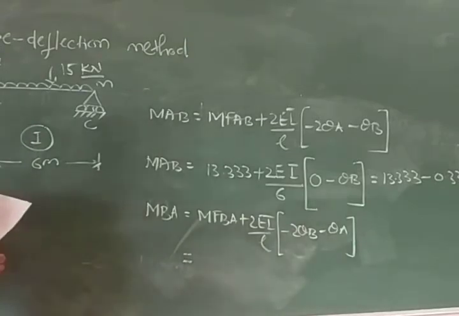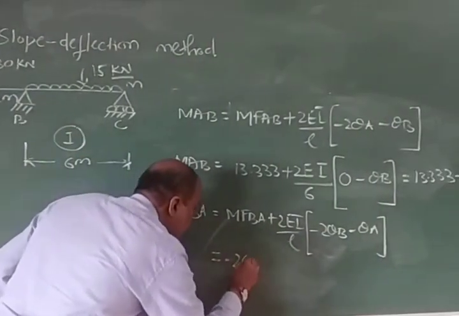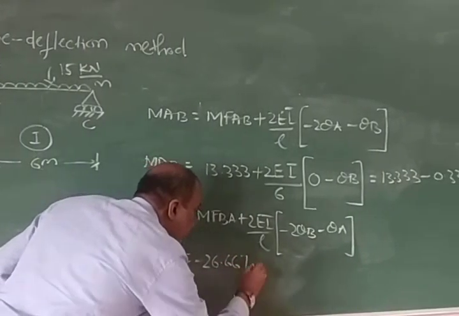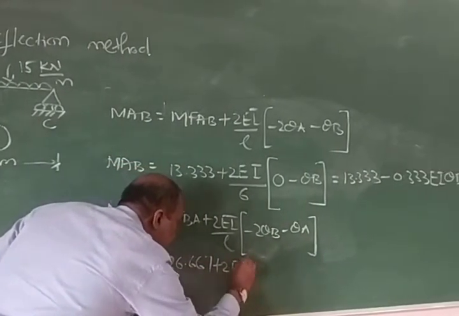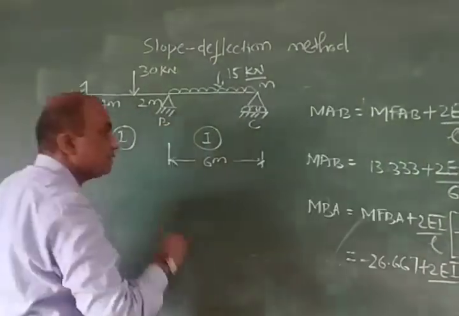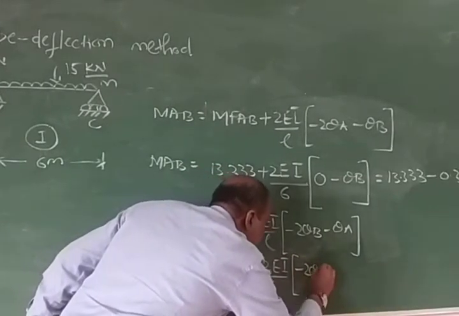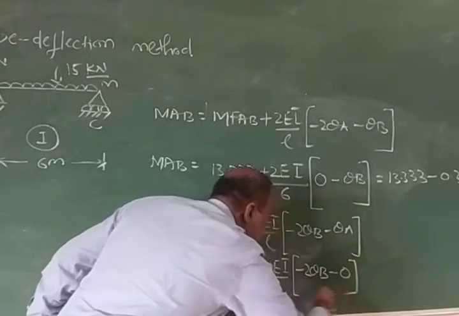We have already found MFBA, which is equal to minus 26.667, plus 2EI, L is again the same member, 6 meters, minus 2 theta B minus theta A, where theta A is 0 because it is fixed.